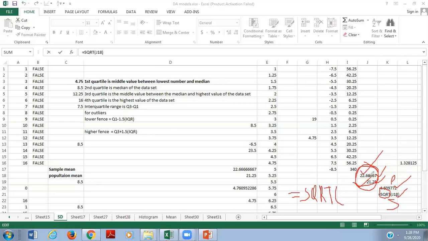Start the bracket, click on the value I need, close the bracket, and this value will come. Right. So by this, we can calculate the standard deviation.